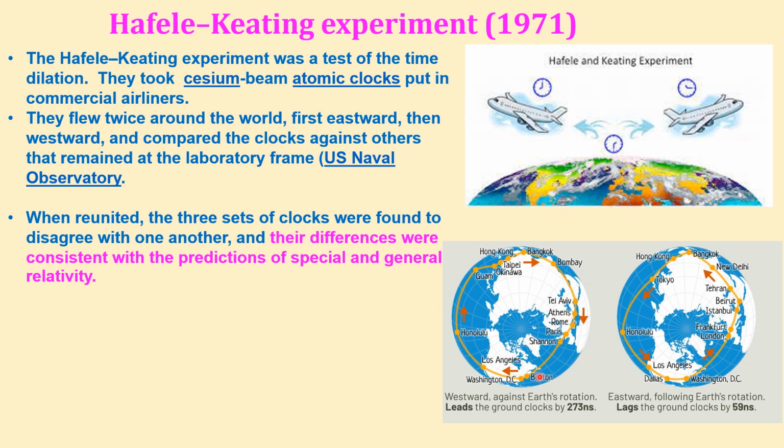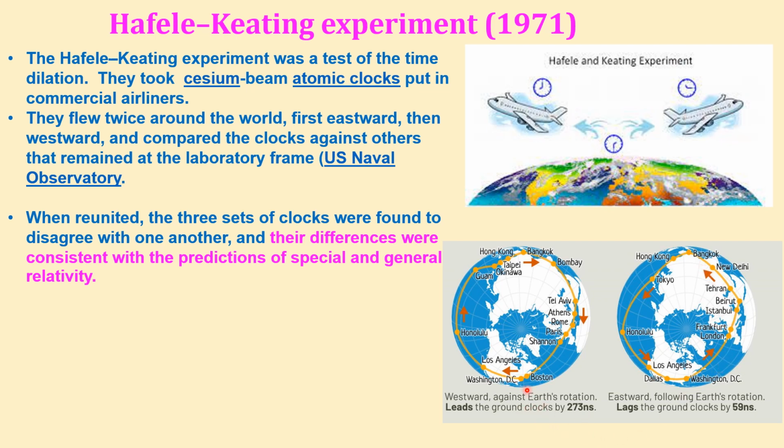Because the Earth rotates from west to east, in one case the airplane was traveling against the rotation of the Earth, and in the other it was traveling following the Earth's rotation.